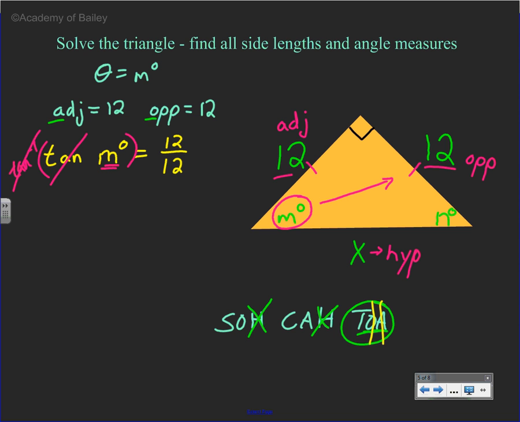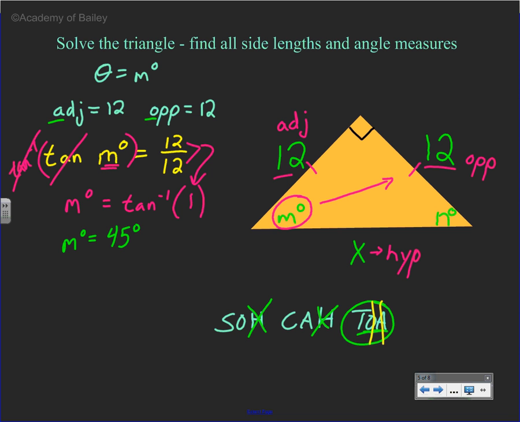Those cancel, and if we took tangent inverse of the left side, we also have to take tangent inverse of the right side. I reduced 12 over 12 to 1. It's going to be fewer buttons you have to type into the calculator. If you can do that reduction fairly quickly, go ahead and do that. I don't believe this one's going to be hard. If you type that in your calculator, you should be getting the tangent inverse of 1 is 45 degrees.